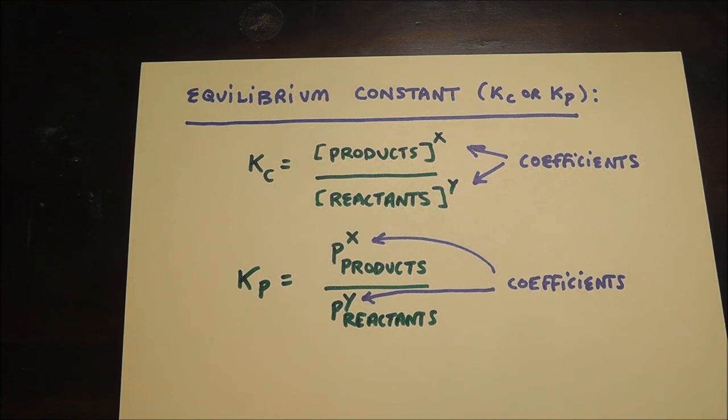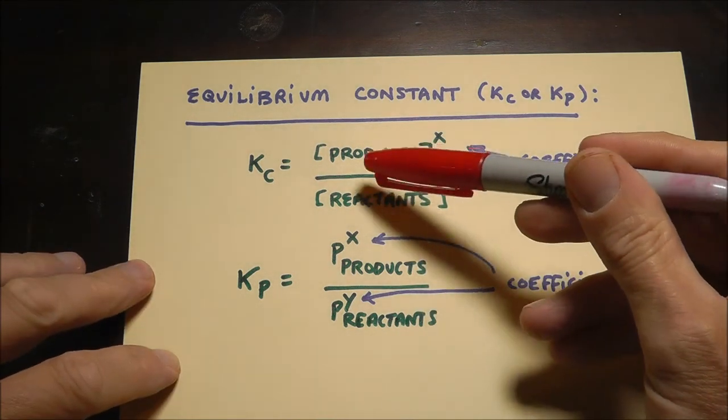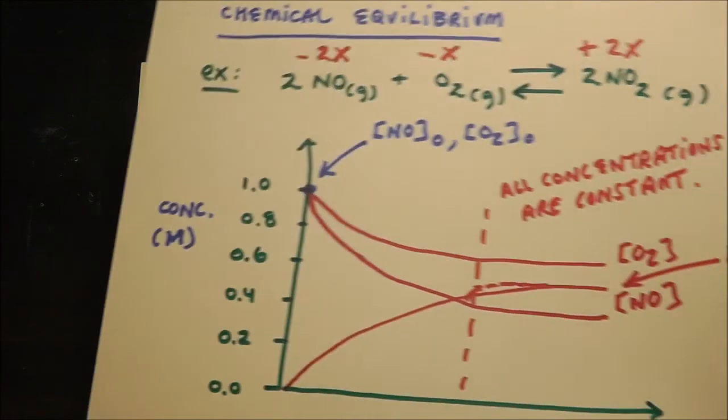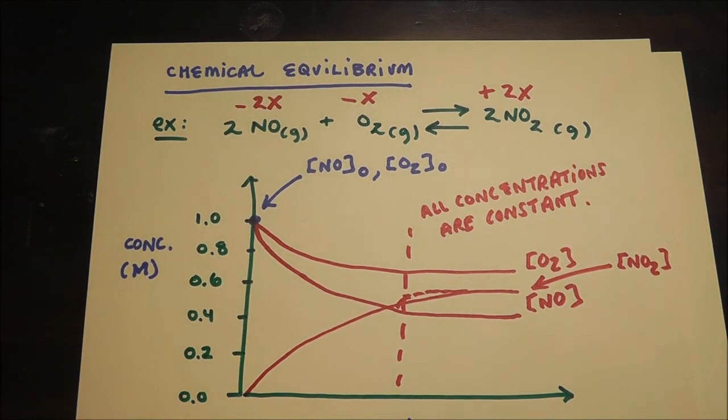And what would happen here is we would take, it's sort of a ratio. This is a way we talk about the position of the equilibrium. Does it favor the reactants or does it favor the products? Because although my diagram here showed that the concentrations of these were kind of similar, right?